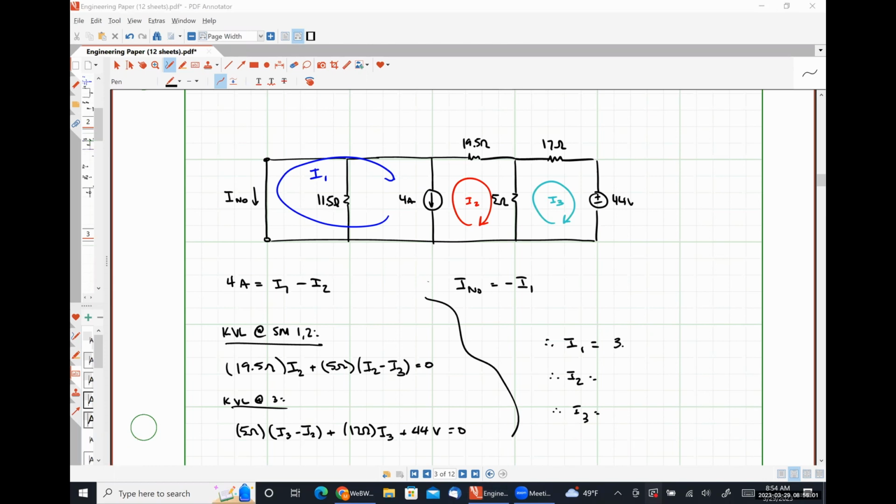3.572. -0.428. And -2.097. Which means I Norton is -3.572 amps.